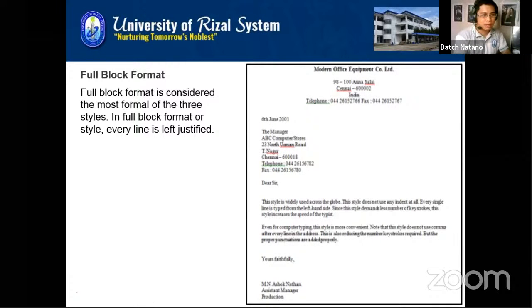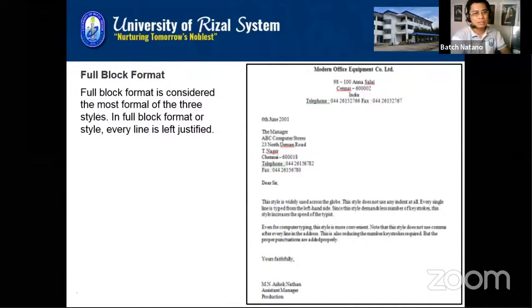It is the easiest way to format because all you have to do is place all the parts of the letter on the left margin. Just press Control L, then voila, you already have this kind of formatting. Again, the most formal of the 3 styles, in full block format, every line is left justified.